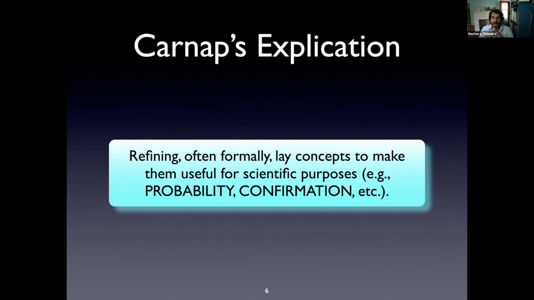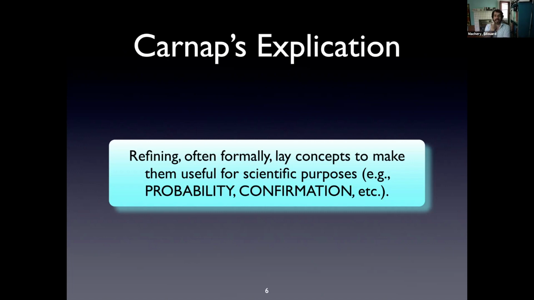And what we will have to do when we try to import them from the manifest image to the scientific image is to refine these concepts one way or another. And Carnap's explication has become one of the main glosses of how to successfully proceed in importing manifest concepts into the scientific image.